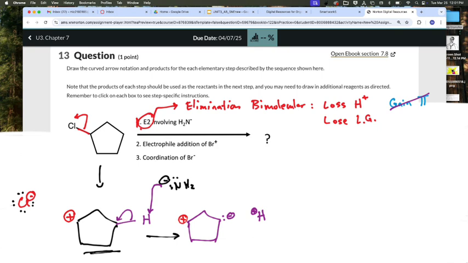Okay, so have I done an elimination? I said those were the two things that need to happen, right? I mean, there's one more. There's technically another part to it. Okay, I have to gain a pi bond. Could I gain a pi bond from this? How do I gain a pi bond? What do you want to do to make a pi bond from this structure?